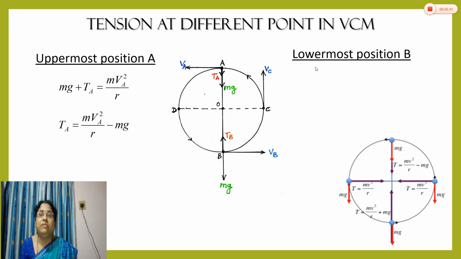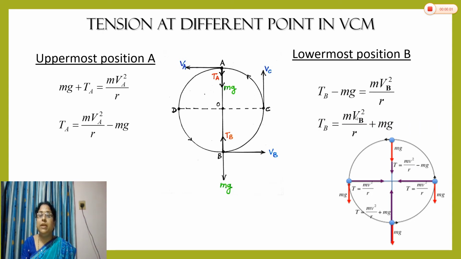At the lowermost position, Tb minus mg provides the centripetal force m Vb square by r, where Vb is the velocity at the lowermost point B. Therefore Tb is equal to m Vb square upon r plus mg. At the uppermost point, centripetal force minus weight gives us the tension, and at the lowermost point, centripetal force plus weight gives us the tension.